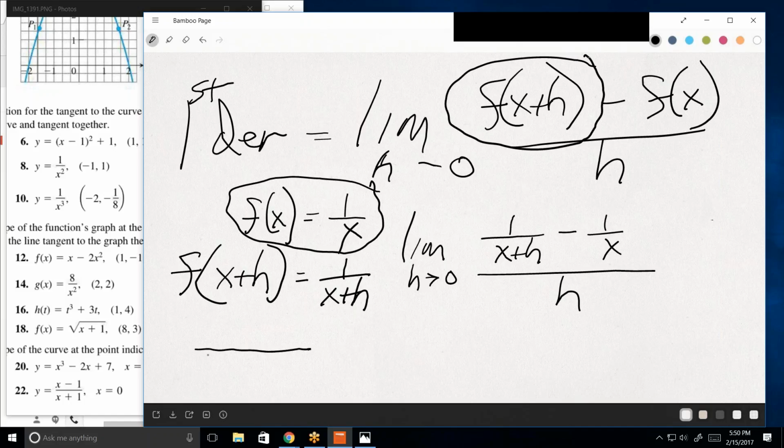So multiply the other one by h. I'm going to do it on the left. The common denominator is usually just the product of the two things. Don't multiply them together, just put it like that. And over here, I'm going to have the same common denominator. What goes here? 1.